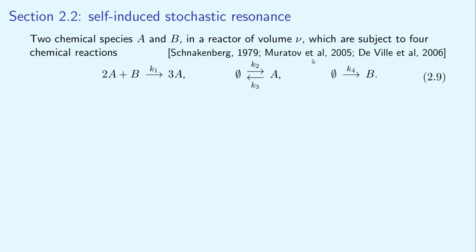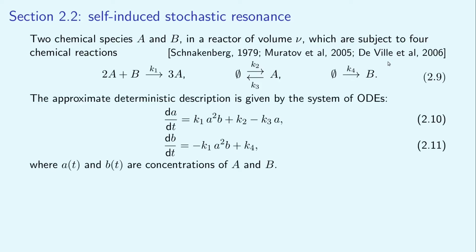Our treatment of this system follows later work, where it has been used to study differences between deterministic and stochastic modeling. The classic deterministic model is given as the following system of ODEs for concentrations, which we denote by lowercase letters.